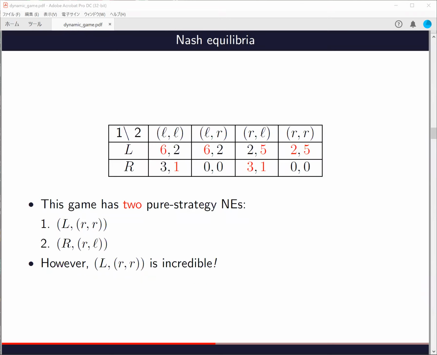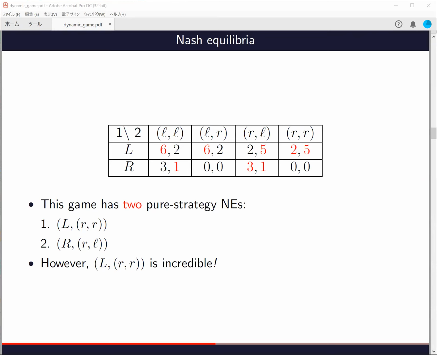The example given in an extensive form game can be represented in normal form game. You should be able to go back and forth between extensive form game and normal form game without any trouble. Note that player 2's strategy is a pair of actions that describes contingent plan of actions. The game here has 2 pure strategy Nash equilibria.